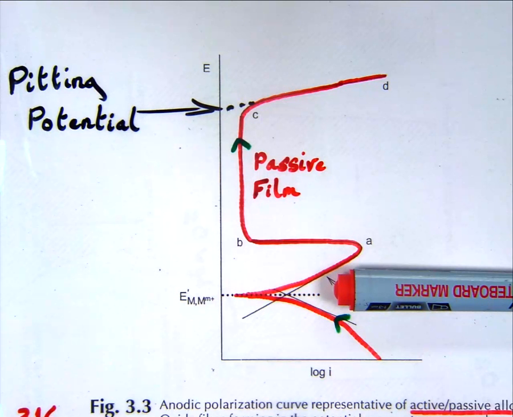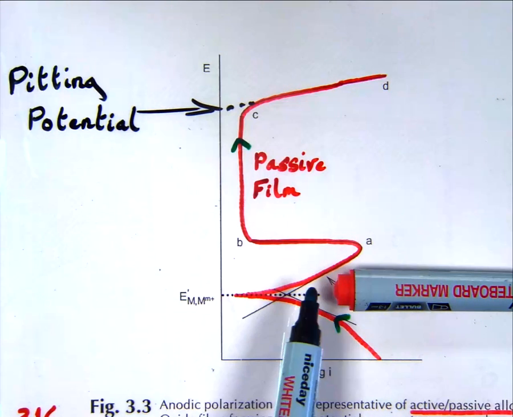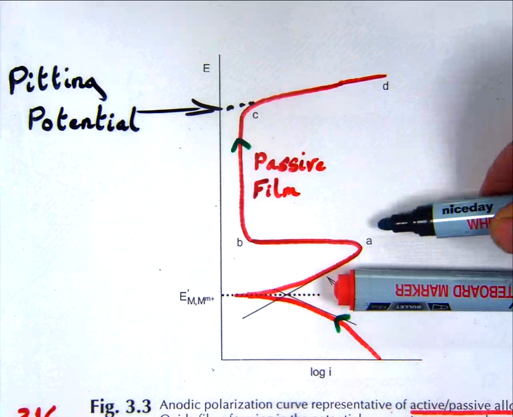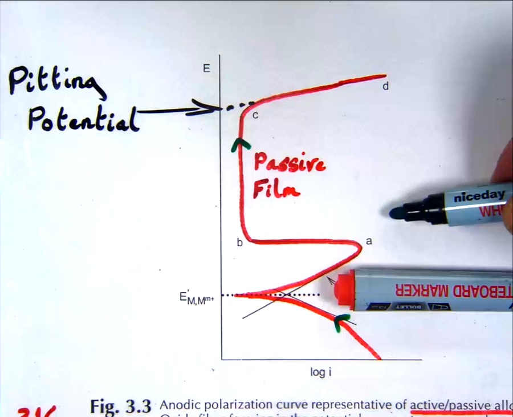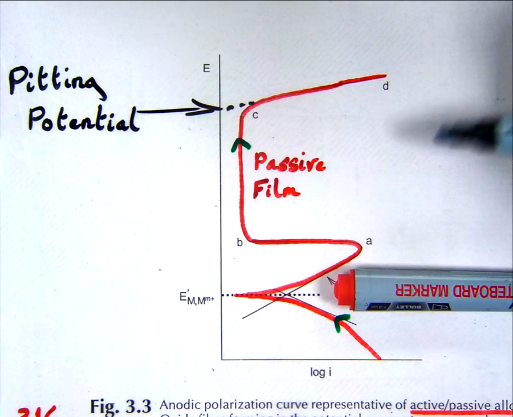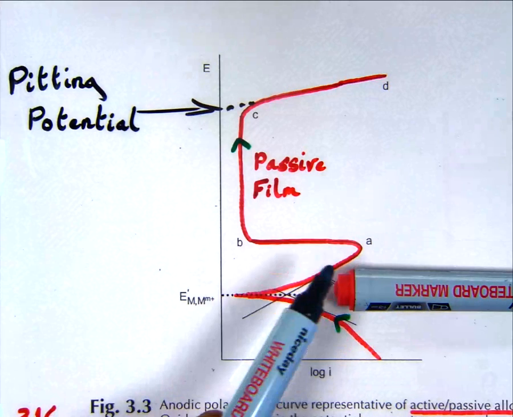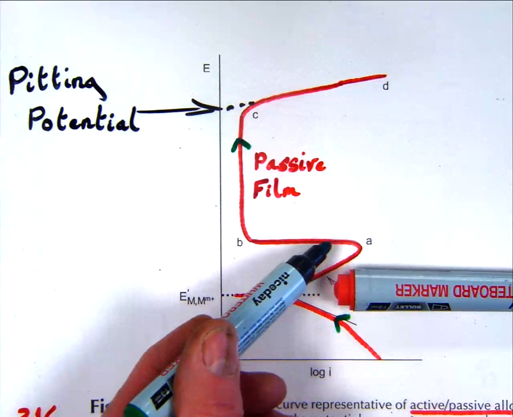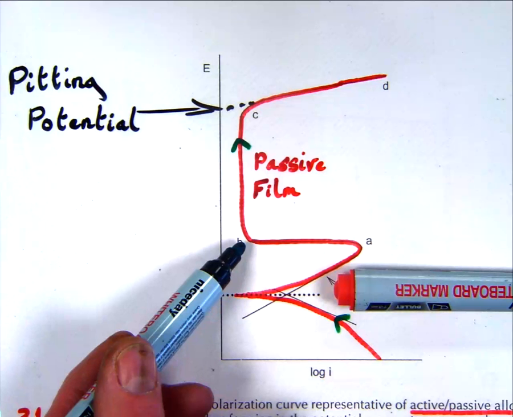So again, it's a quick way of finding out what's happening to your material. Does it passivate? What's the pitting potential? If you're operating your plant in this potential region here, then everything's fine, no problem. Run forever. As soon as it gets past the pitting potential, you're in trouble.